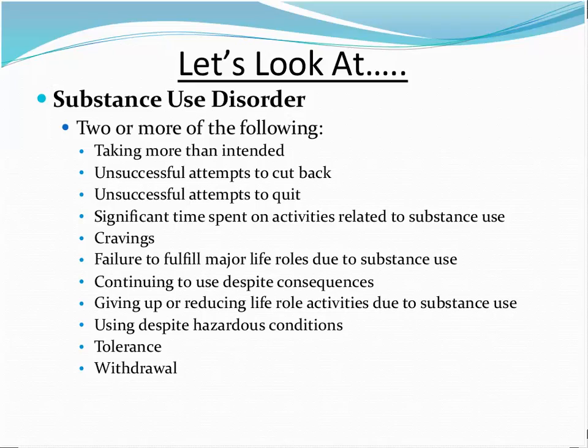So instead, they changed it to one criteria, and then the severity will be rated on the number of symptoms that they have. So they only technically need to have two. That would be a mild substance use disorder. And so they have a minimum of two criteria needed for diagnosis, and then diagnosticians will rate severity rather than abuse versus dependence.